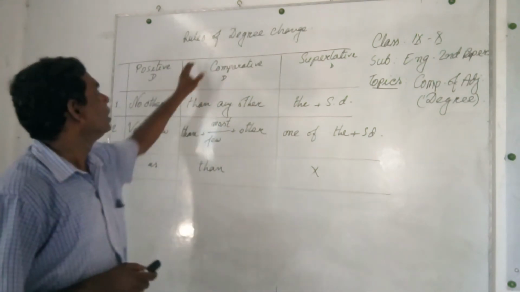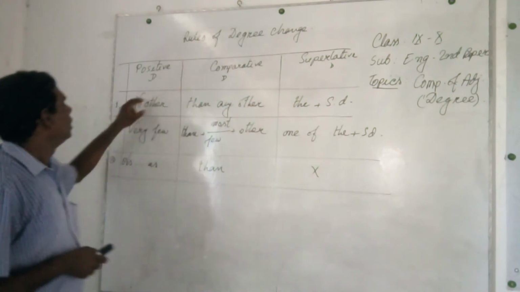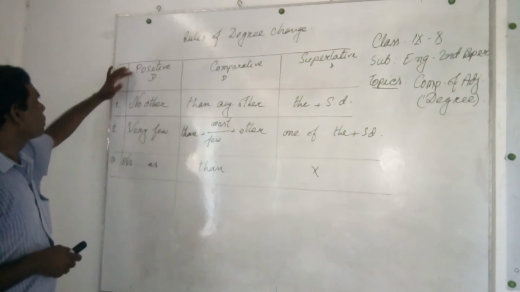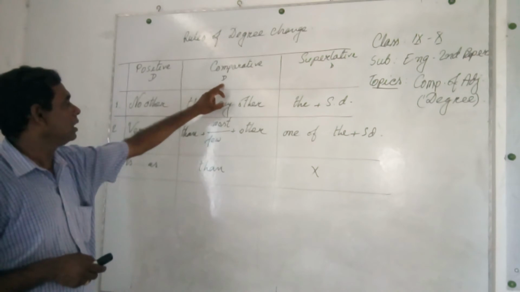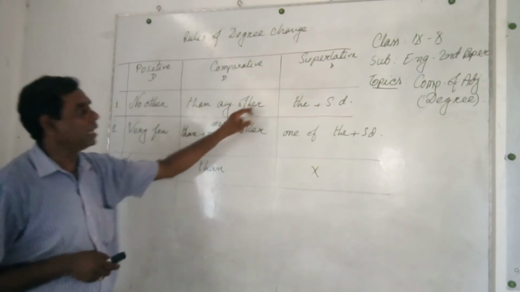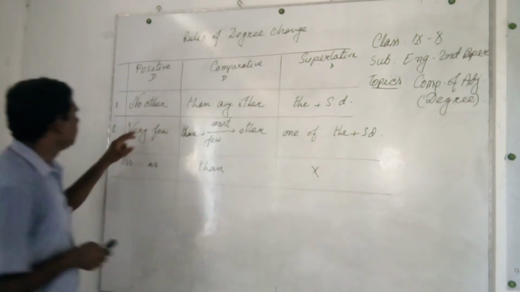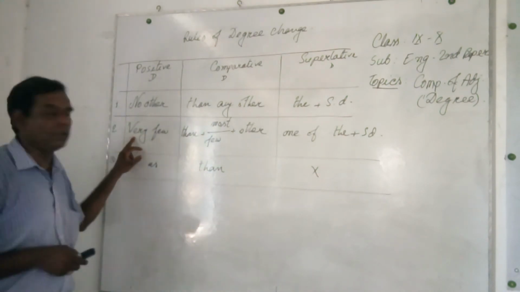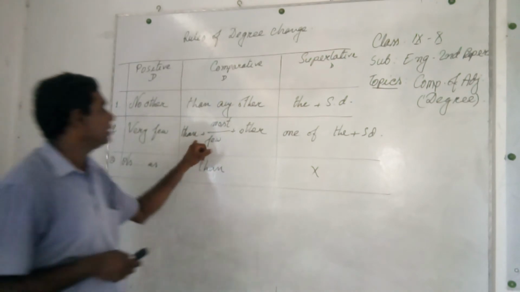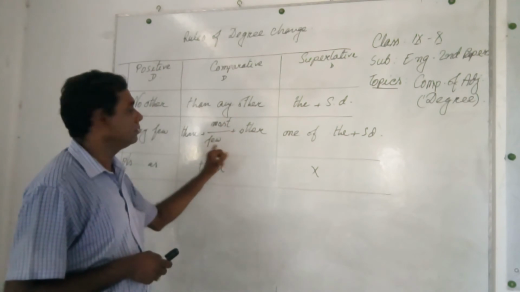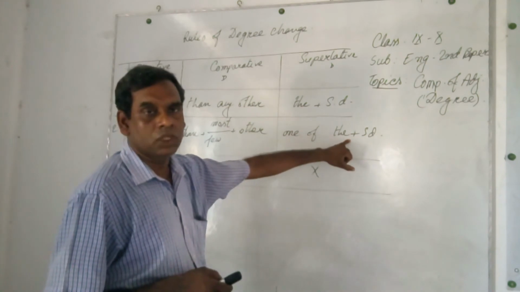Here are my rules of degree change, the table. In the positive degree, when we see no other, then in the comparative degree we use than any other, and in the superlative degree the plus superlative degree. If the positive degree begins with very few, then we change in the comparative degree with than plus most other or than plus few other, and in the superlative degree one of the plus superlative degree.